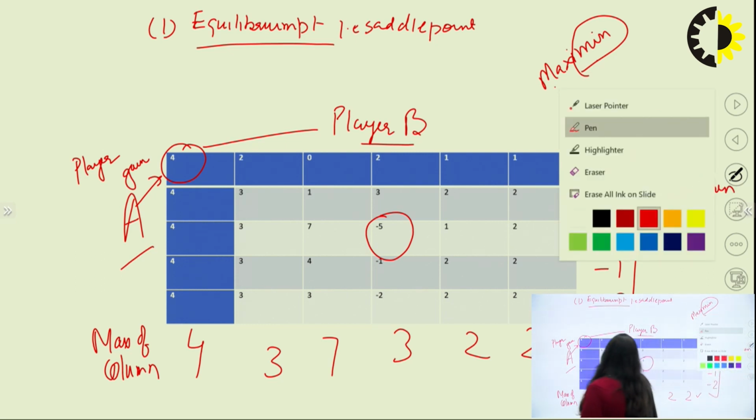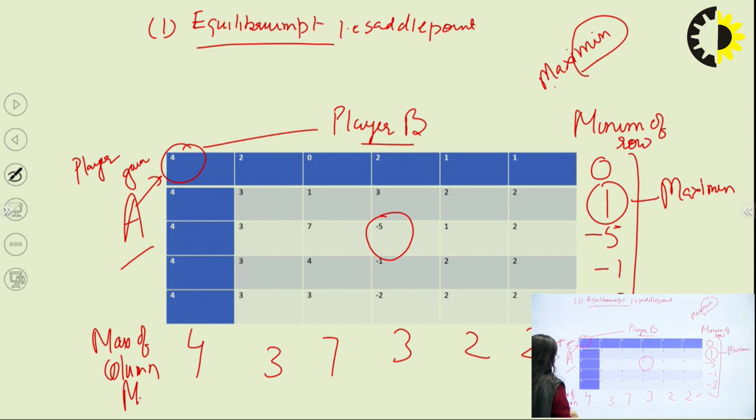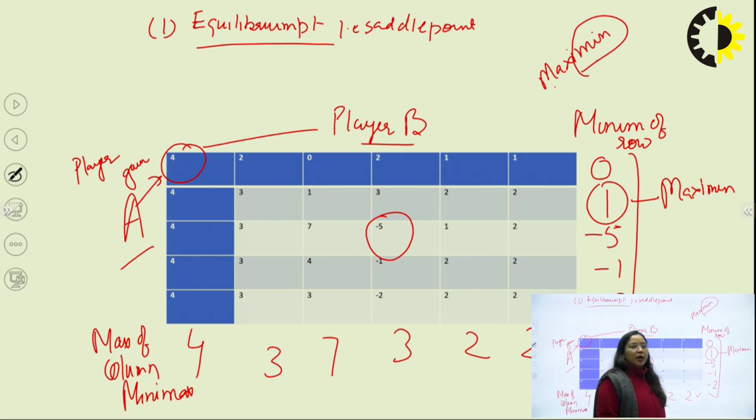In this case, we have to find the minimax. So these are the maximum points and we have to find the minimum among them. The minimum number is 2. It can be either of these. You can take this.